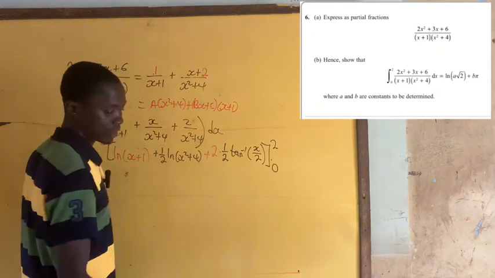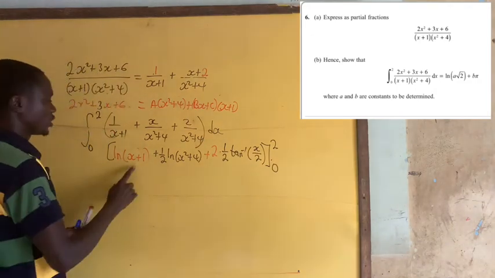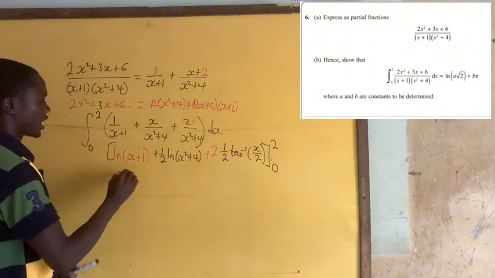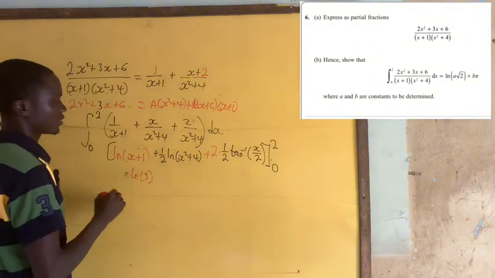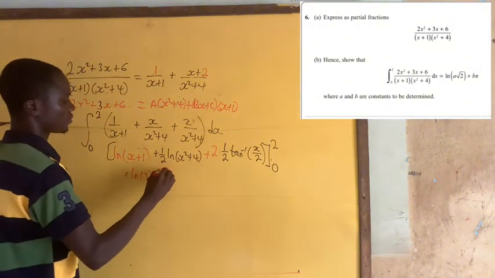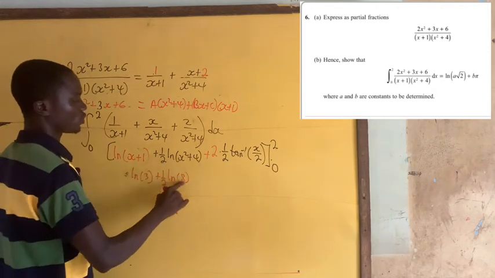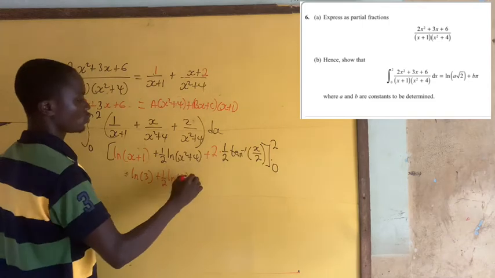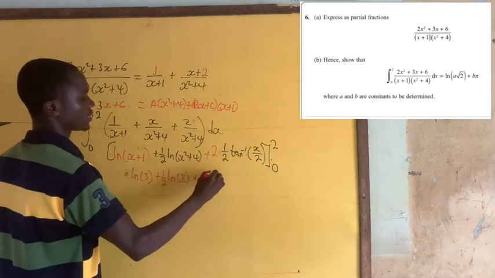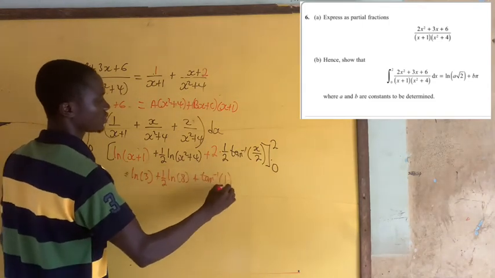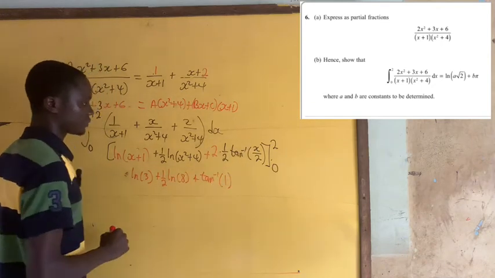So let's put in the values. If we put in 2 here, we are going to have ln of 3 plus half of ln of 8. 2 squared is 4 plus 4, 8. 2 cancels 2, so we have plus tangent inverse of 1, for 2 divided by 2 is 1.